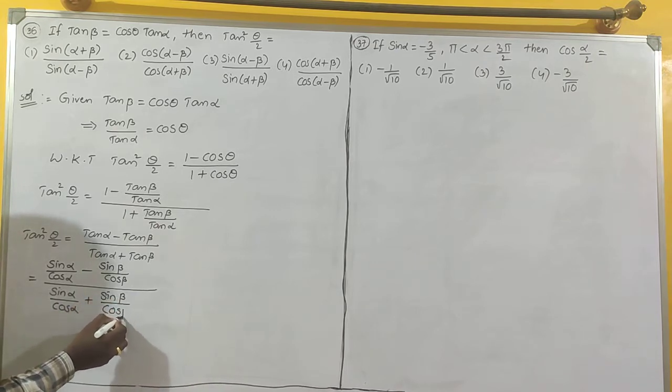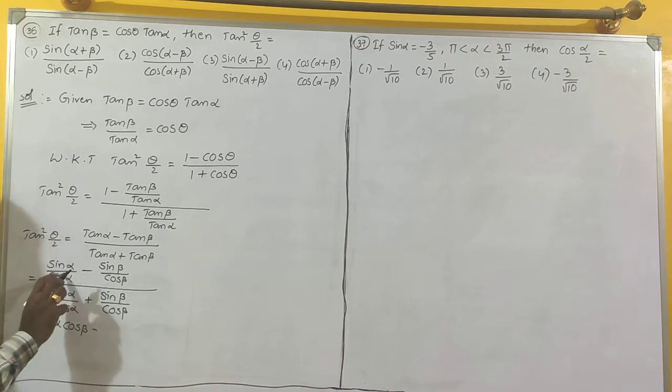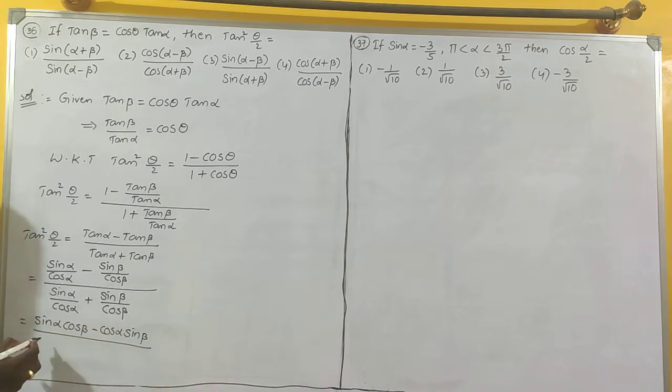By taking LCM, both LCMs get cancelled, then cross multiply: sin alpha cos beta minus cos alpha sin beta by sin alpha cos beta plus cos alpha sin beta.